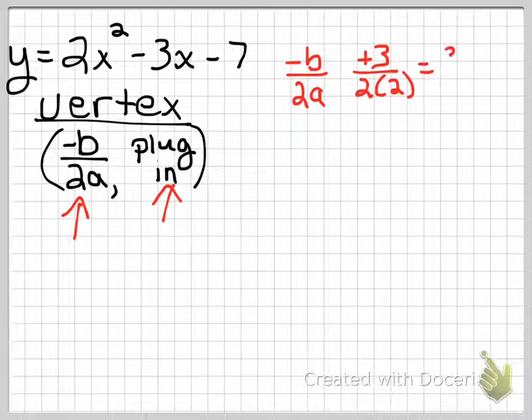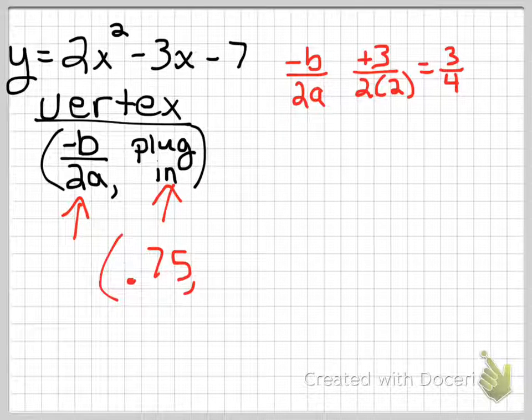That gives me 3 over 4, which I can leave as a fraction. Well, we've used decimals already, so let's just change it to a decimal. It doesn't matter at the moment. 0.75.